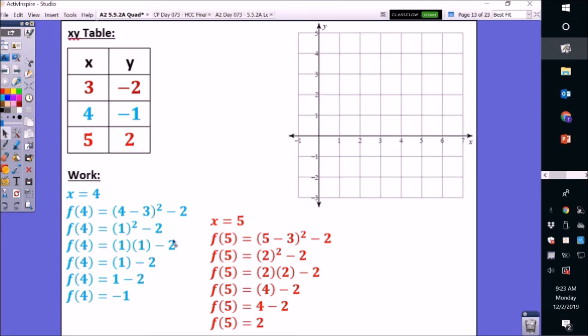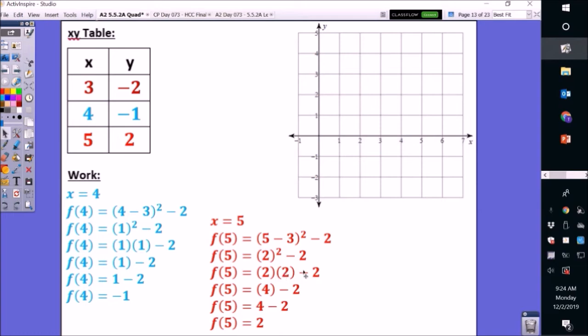Now I'm going to repeat the same process when x equals 5. I'll plug 5 into x, into the same equation. Now we have 5 minus 3 inside the parenthesis. And we still have the square, and then we still have the minus 2. That's going to stay consistent as long as you follow the order of operations. So 5 minus 3 is going to be 2. So now we have 2 squared. So I'm going to expand and write it as 2 times 2.